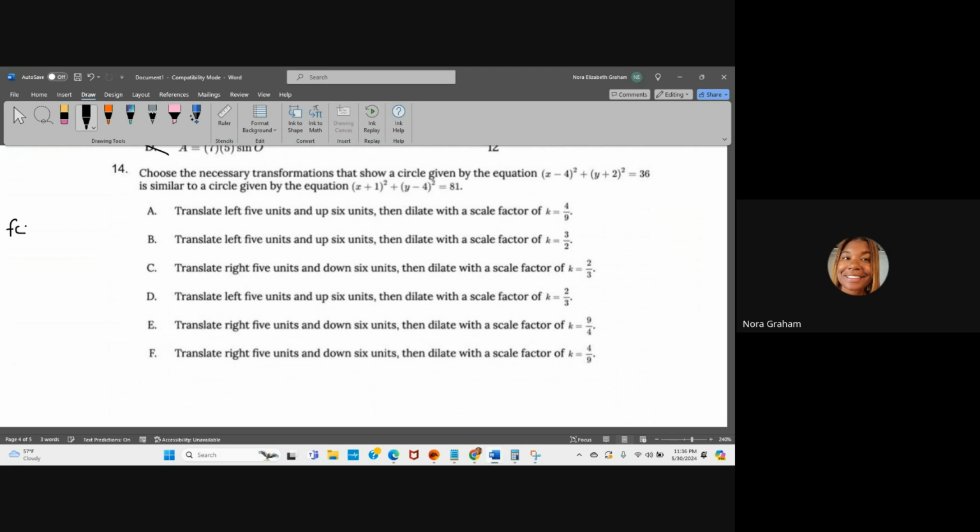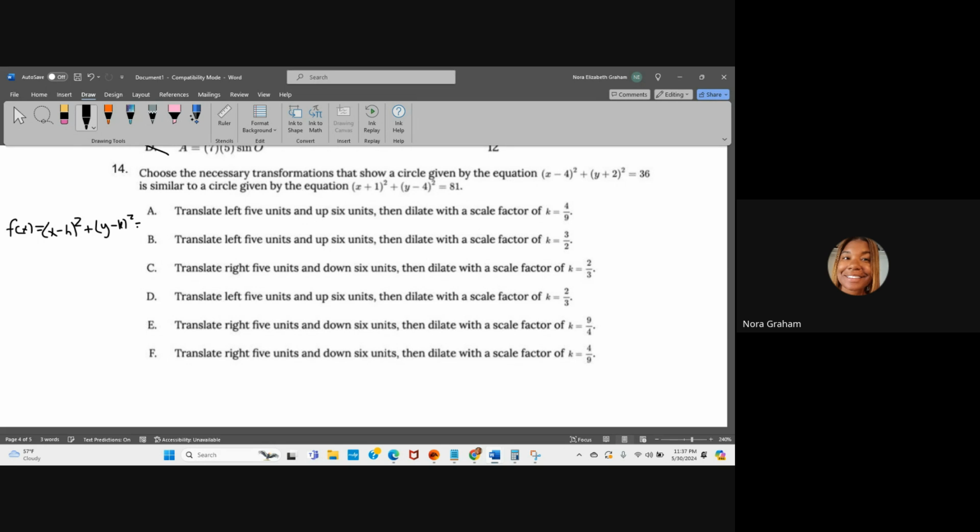Okay. And just in case this pops up again, equals (x − h)², notice that minus is right there, and then plus (y − k)².